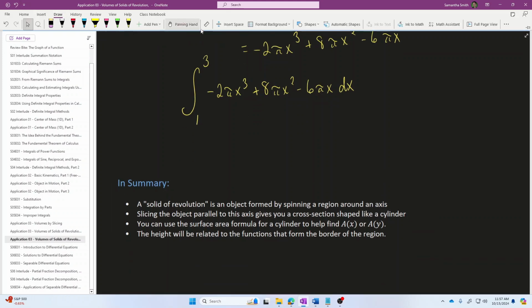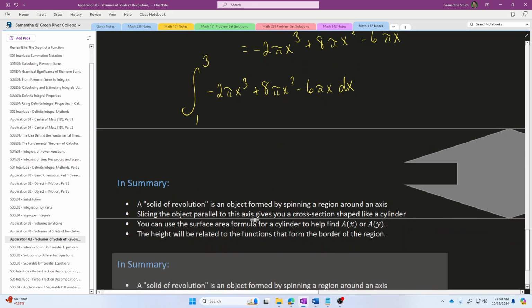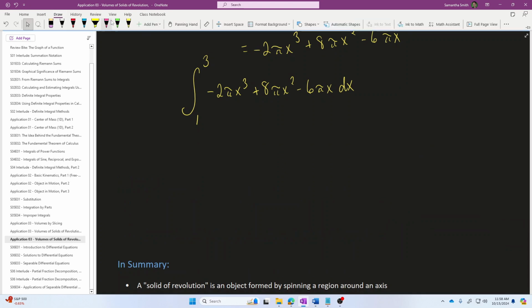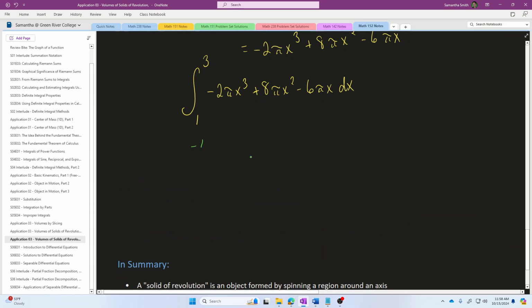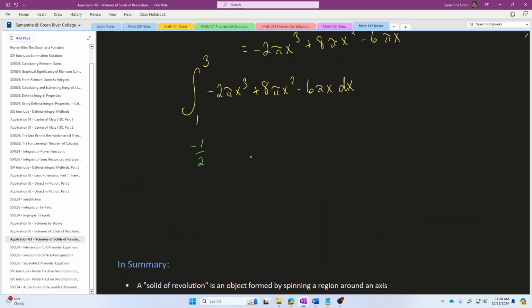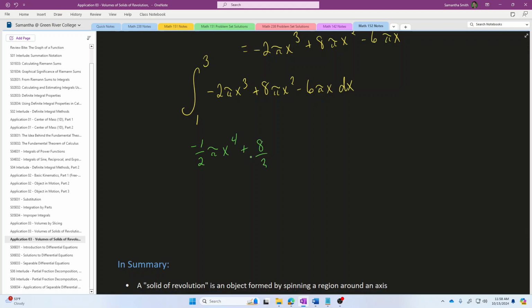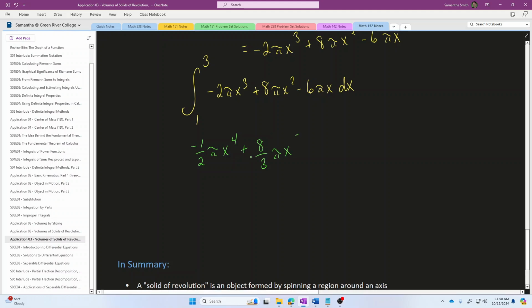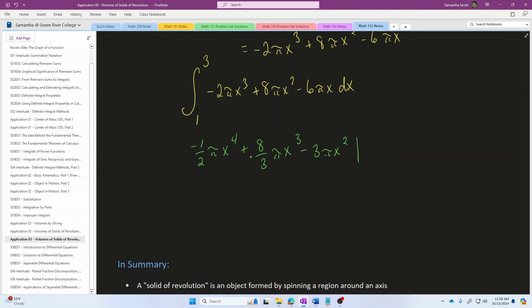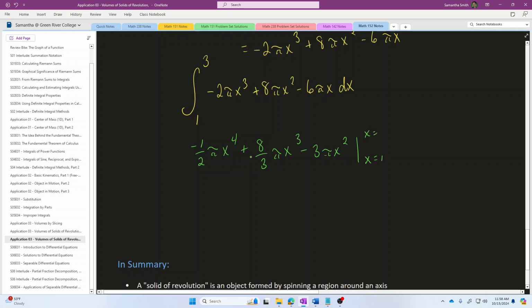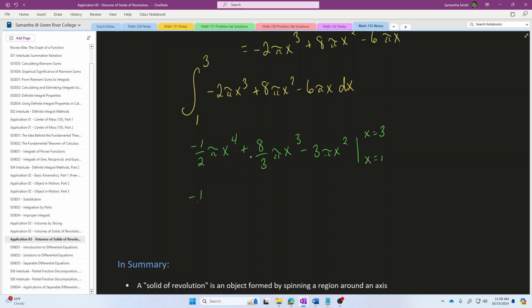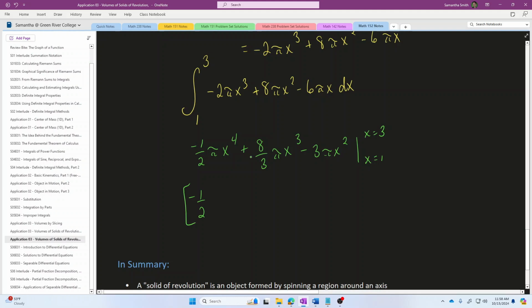Once that is done, the only thing that's left to do is to go ahead and calculate the actual value of this definite integral, and that will happen in the usual way, using, in this case, power rule to find an antiderivative, plugging in those lower and upper limits.